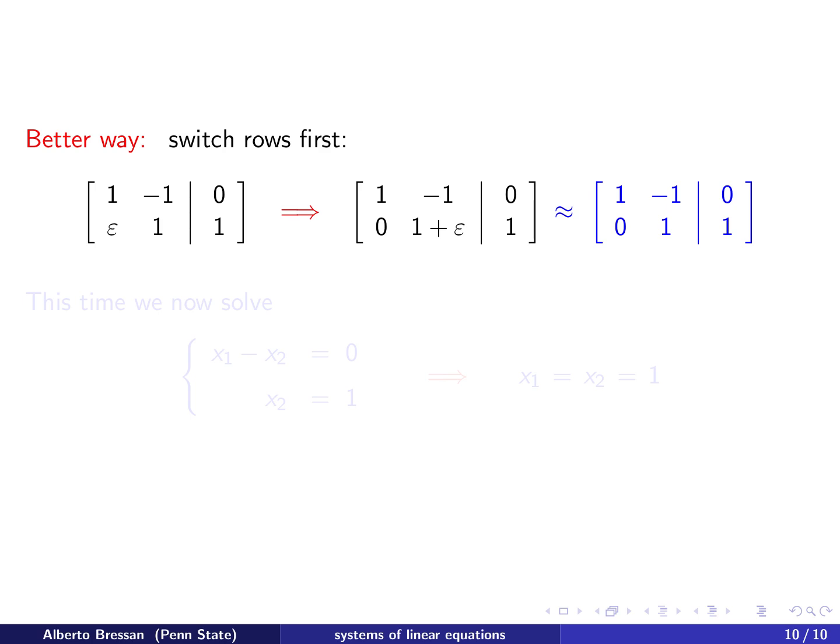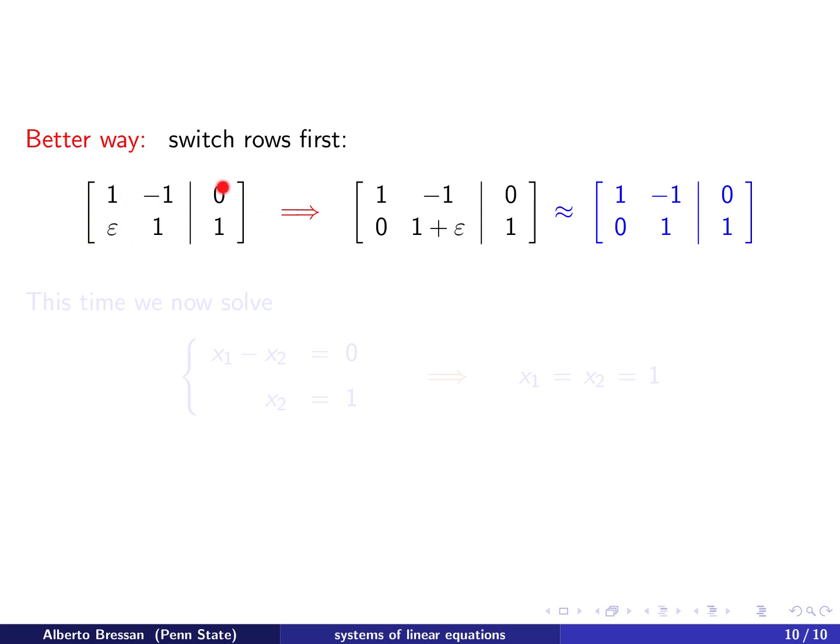Let's compare this with where we do the pivot. Can we resolve this issue by making a pivot? We will switch the two rows because we see that 1 has a much bigger absolute value than epsilon.